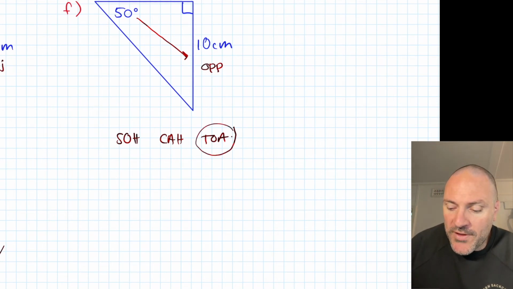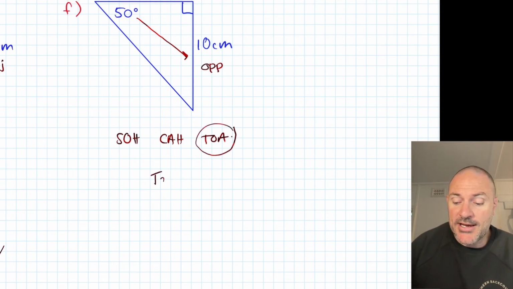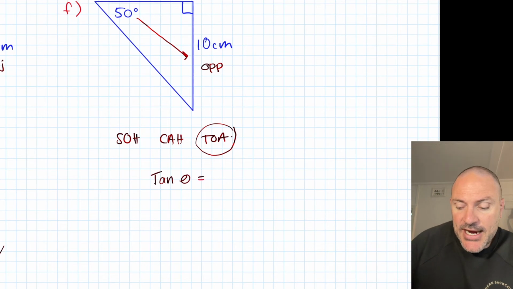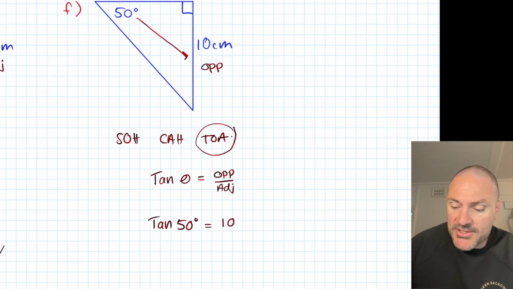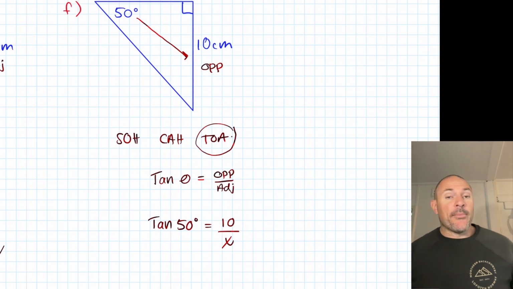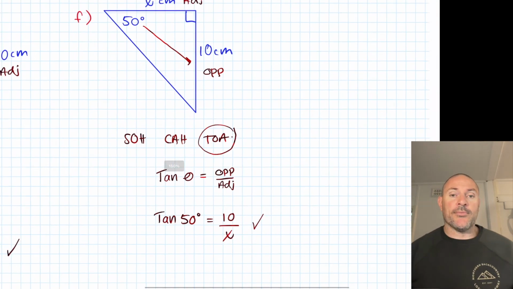So we've got the O and the A, there we go, it's TOA again, tan. So tan theta equals my opposite over my adjacent. I'm going to rewrite that, tan. Now my angle is 50 degrees. My opposite side is 10 and my adjacent is X. Again, I'm not doing anything with that, just writing my rule out.